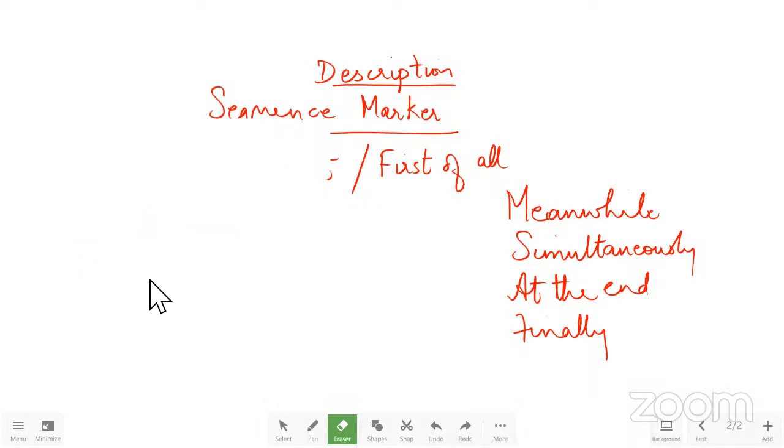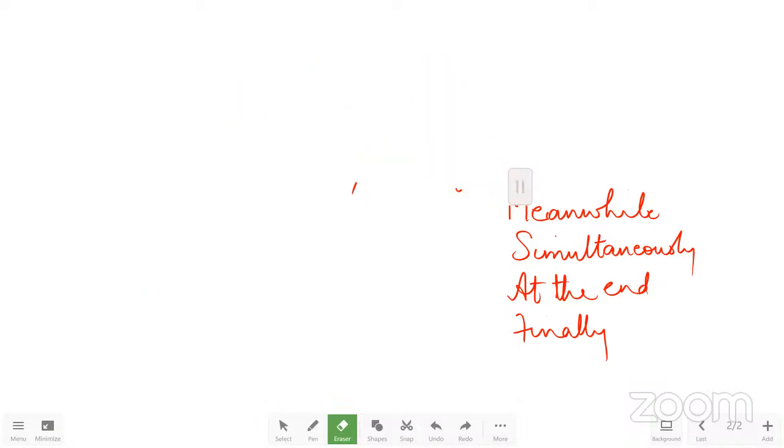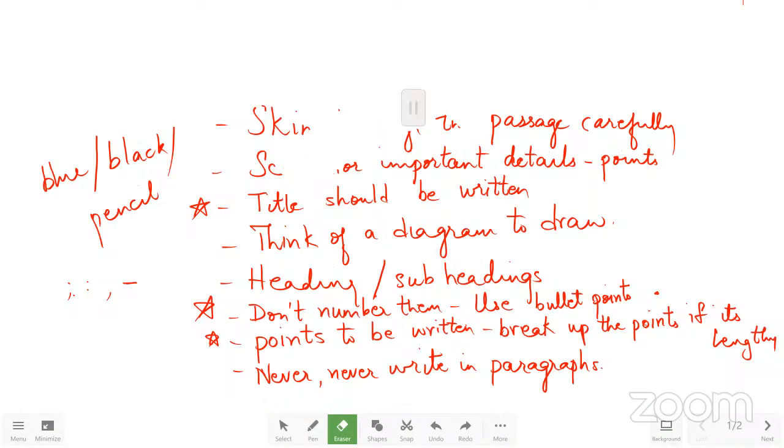Again, in process writing, there is a choice. So whichever is easy, which you think you can write nicely, please do it.